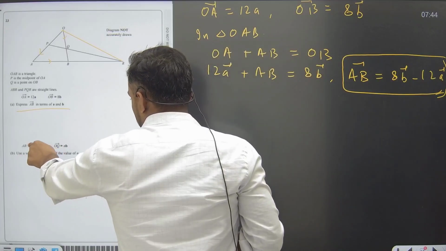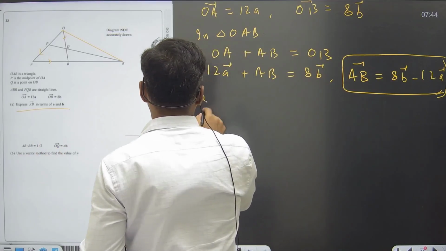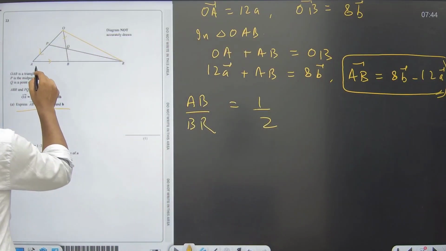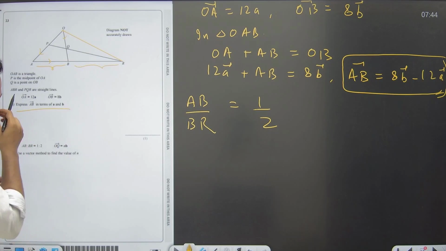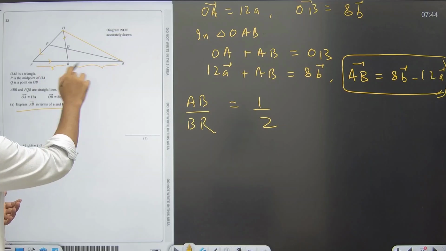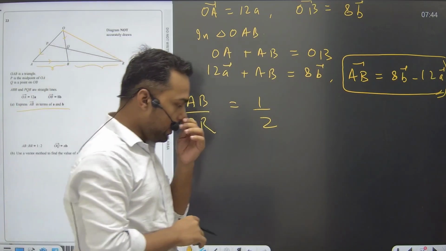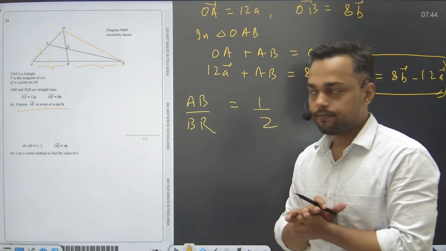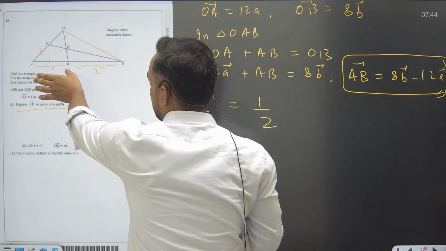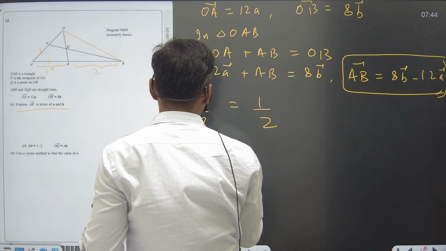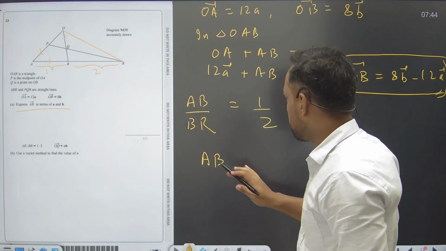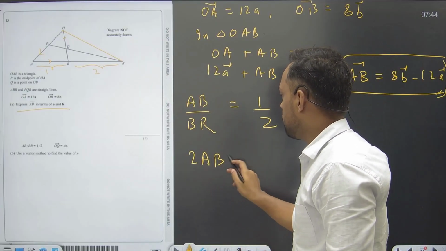Now for the second part, AB upon BR is equal to 1 by 2. So we can say that this whole line AR is divided into 3 segments because the ratio is 1 by 2. If you are not getting this point, just cross multiply, so you'll get 2AB is equal to BR.